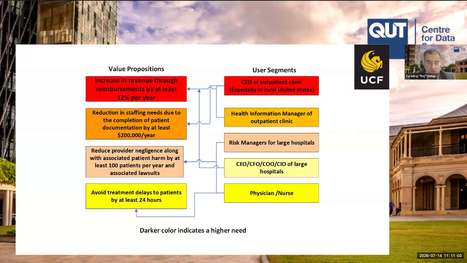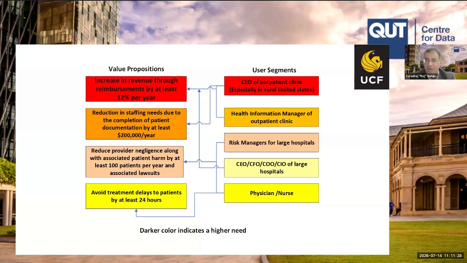So that is the first question that we need to ask. So here's the value proposition. If this problem is resolved, let's say in our ideal situation, completely, the revenue for the hospitals might increase 12%. That's good for the CEO of the outpatient clinics. And, hey, if you're looking for money, that's where it is.